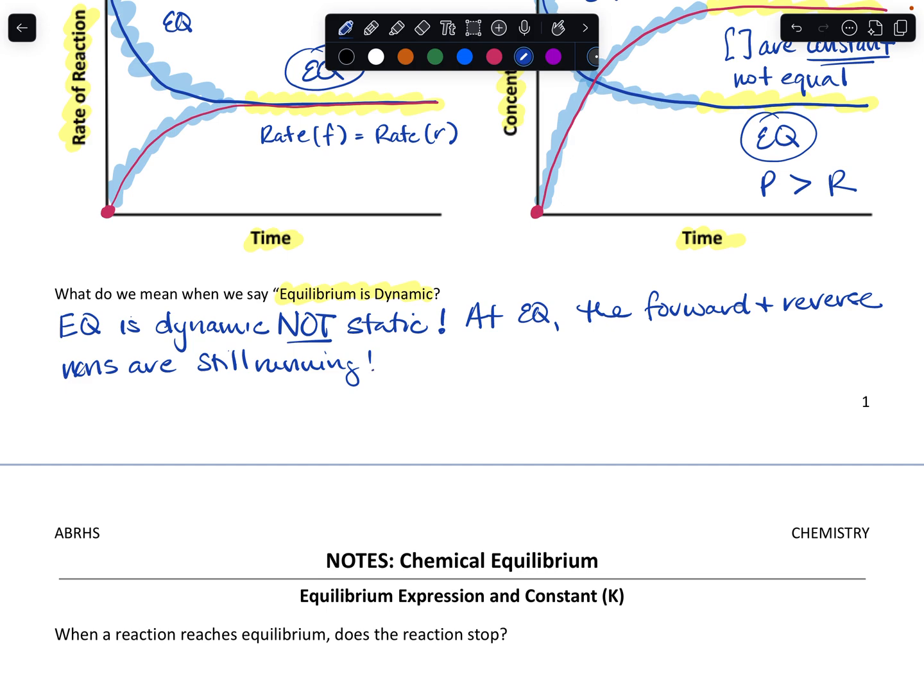So when you reach equilibrium, because the rate of the forward and the rate of the reverse are equal, every time the forward reaction runs, the reverse reaction runs the same amount. So you make product and it immediately gets broken down. You make it, it gets broken down. If you looked at it from way up high, it would look like nothing is changing in your system. But if you could narrow it down to the particle level, you could see that there are still forward and reverse reactions going.